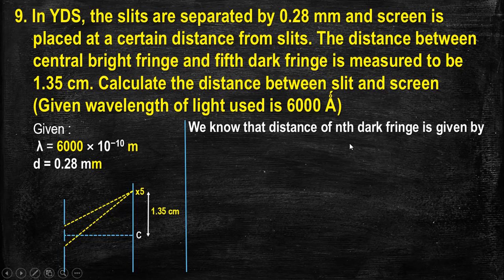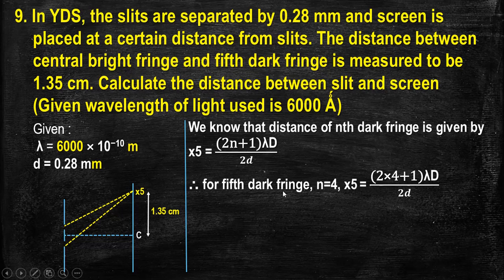And we know that the distance of the nth dark fringe, the distance of the fifth dark fringe, is given by x5 equal to (2n plus 1) lambda D upon 2d. So for the fifth dark fringe you have to take n equal to 4. You have to remember this thumb rule.